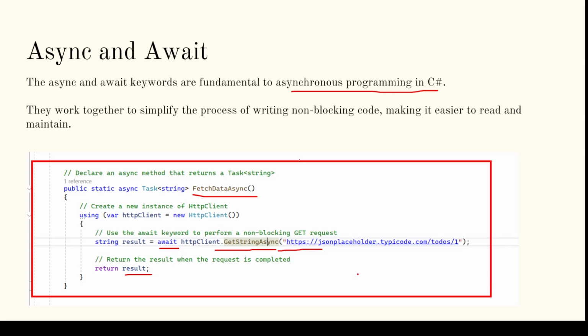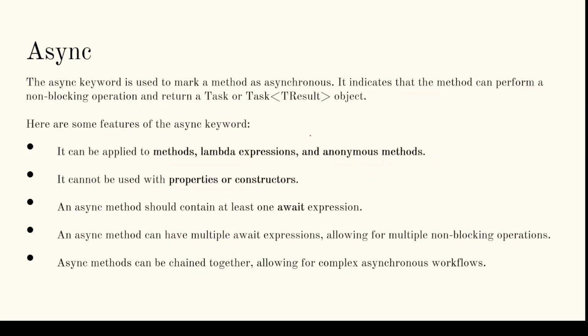In this video, we will take a deep dive and understand other features of async and await keywords. First, let's go with the async keyword. The async keyword is used to mark a method as asynchronous. It indicates that the method can perform a non-blocking operation and return a Task or a Task of T object.